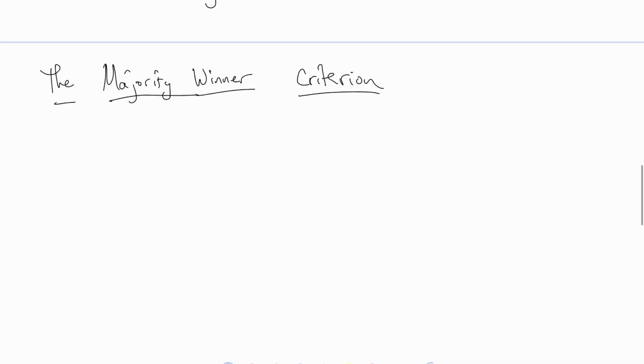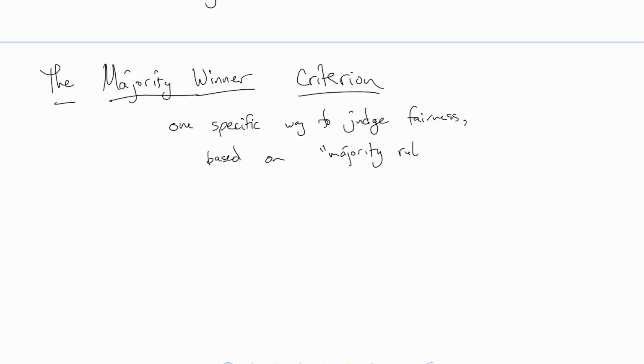Okay, so we are going to talk about the majority winner criterion. Remember, this is meant to be one specific way that you could look at these different systems and try to judge which ones are fair versus which ones are not fair. It has to do with the idea of majority rule.